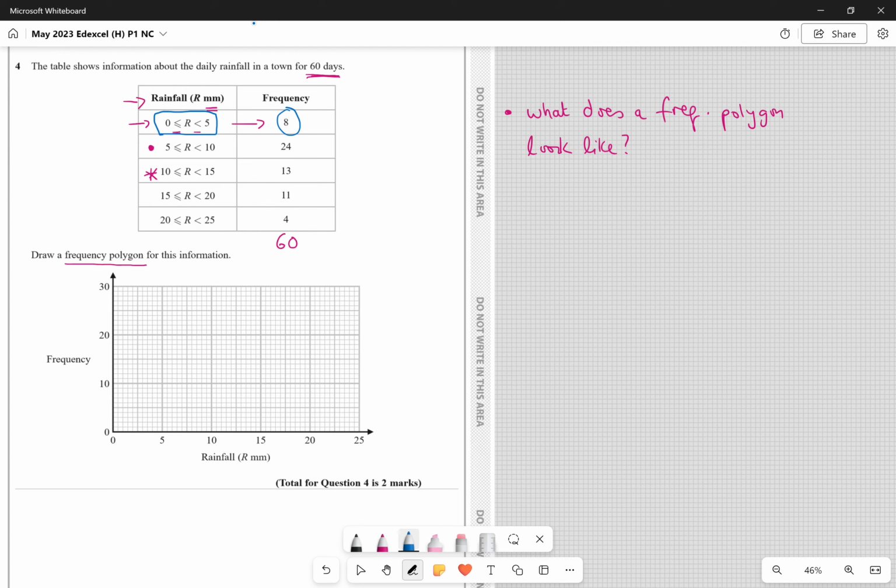Do I plot it at the beginning of the class interval? Do I plot it in the middle of the class interval, because the middle of 5 would be 2.5? Or do I plot it at the end of the class interval? Where do I plot the points? So that's something else to think about.